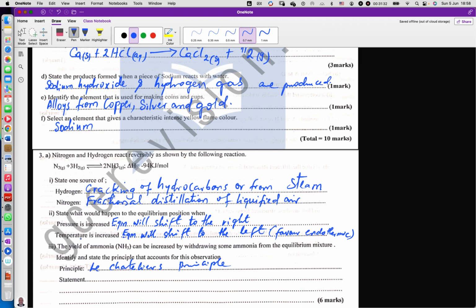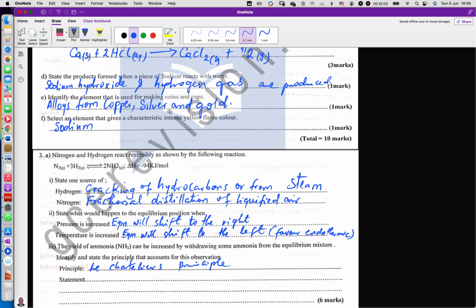Okay, temperature. State what would happen to the equilibrium position when the temperature is increased. Now, when the temperature is increased, according to Le Chatelier's principle, this is an exothermic reaction. It is -9.4, meaning that it is an exothermic reaction. So if we are increasing the temperature, we are now favoring what? The endothermic direction.